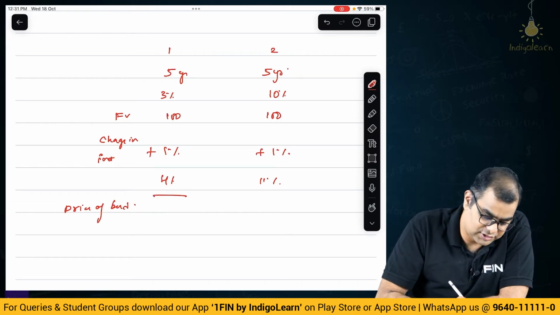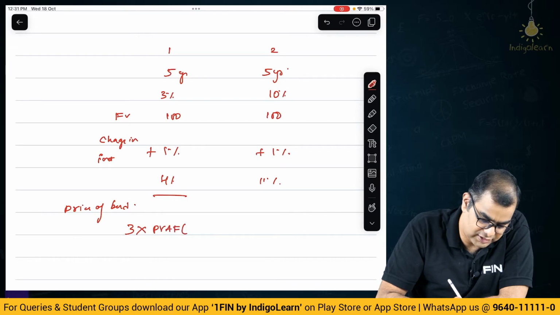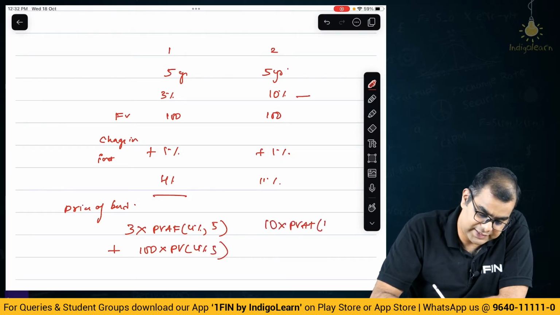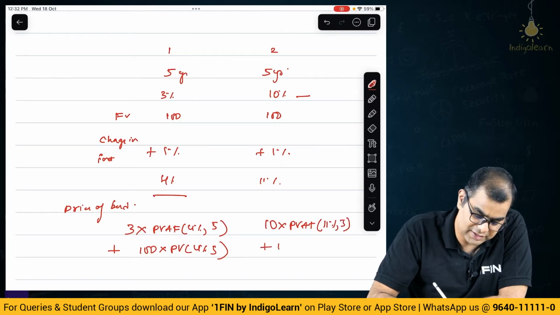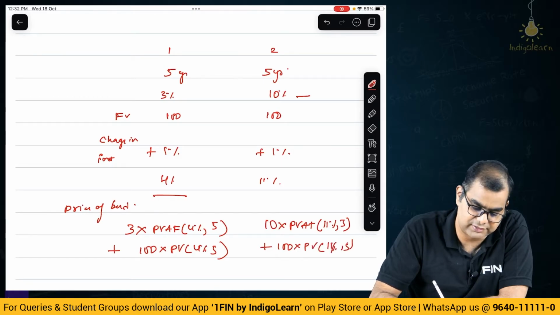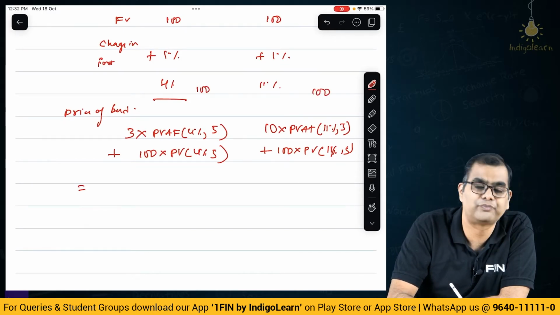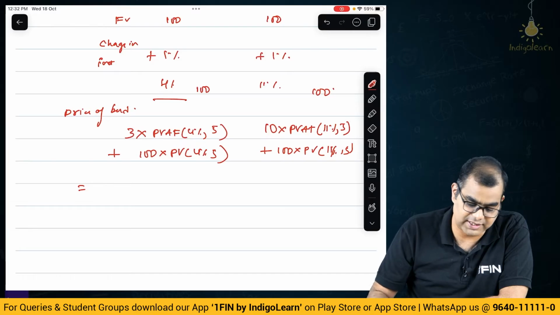You will have 3, which is the coupon, into present value annuity factor at 4% for 5 years, plus 100 into present value factor at 4% for the 5th year, versus 10 into present value annuity factor at 11% for 5 years, plus 100 into present value factor at 11% for the 5th year. Now, you see these two, assume initially both of them were priced at the same 100. But after the change in interest rate, what is happening?